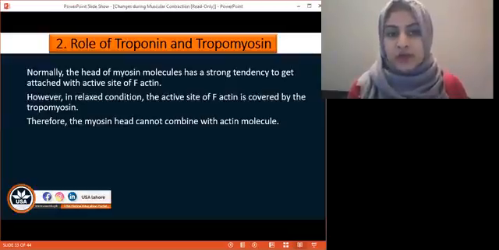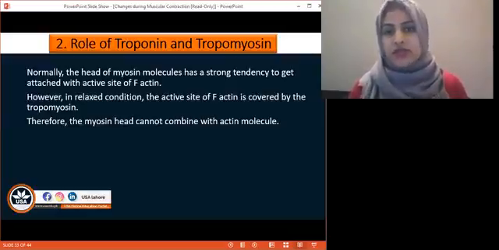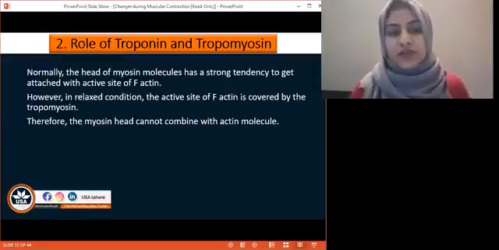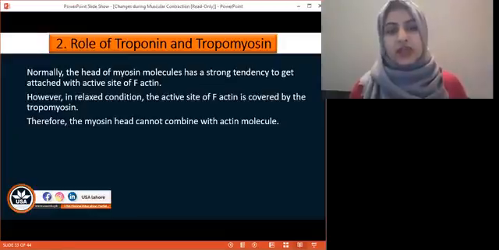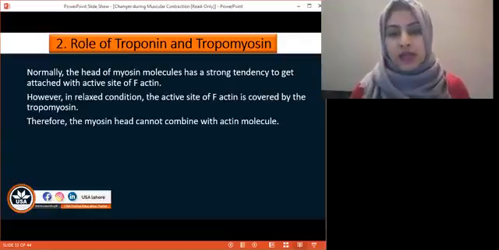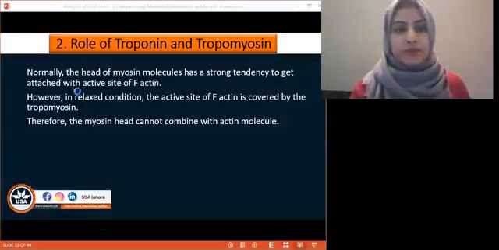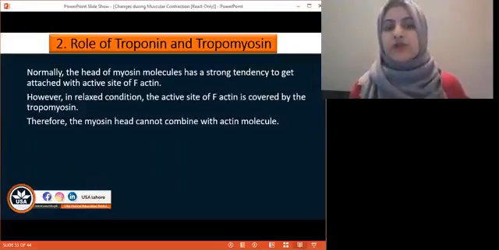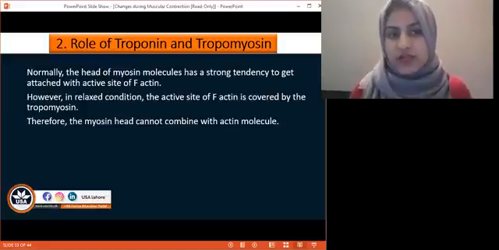Normally, the head of myosin molecules has a strong tendency to get attached with the active site of F-actin. However, in the relaxed condition, the active site of F-actin is covered by tropomyosin. Therefore, the myosin head cannot combine with the actin molecule. So what we are discussing here is the normal condition in which the head of myosin has a strong tendency to get attached to the active site of F-actin.